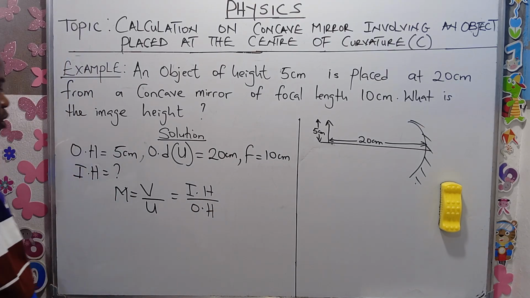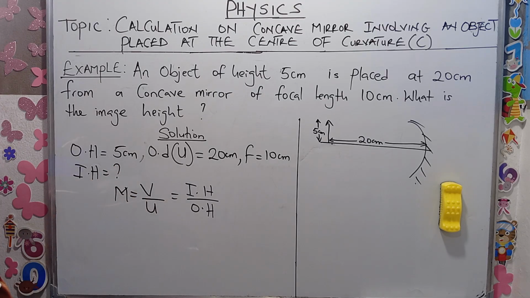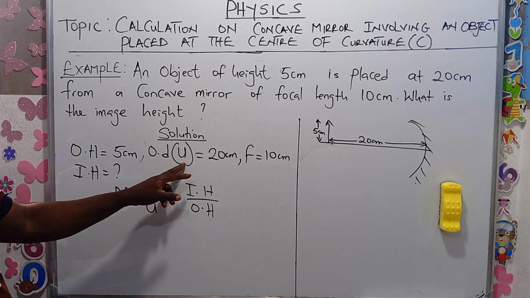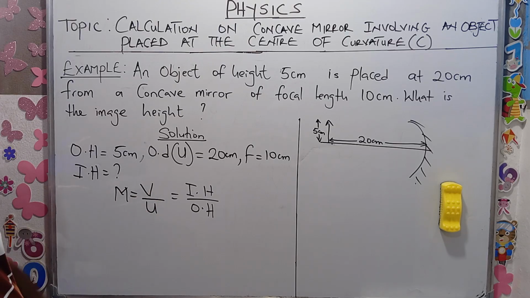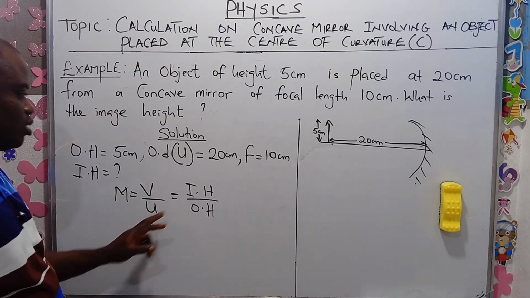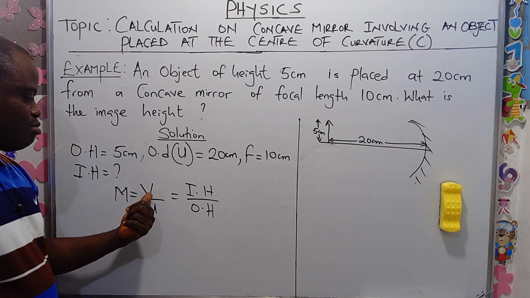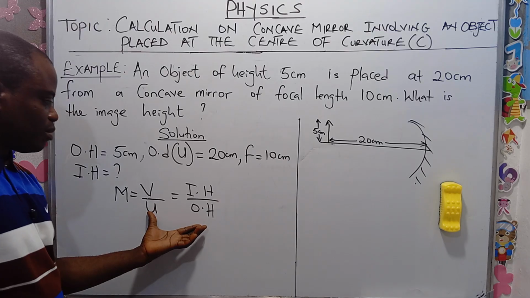We have the object height, we have the object distance, which is U, we don't have the image distance, but we have the focal length. Let's use the mirror formula so that I can get the image distance. When we get the image distance, we can now relate these two equations together.